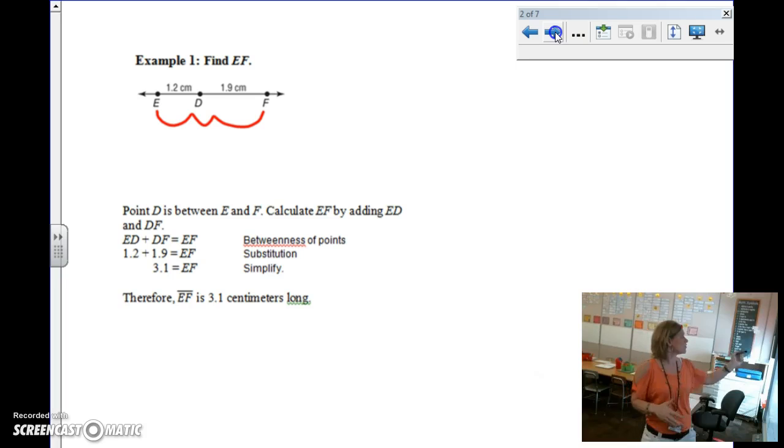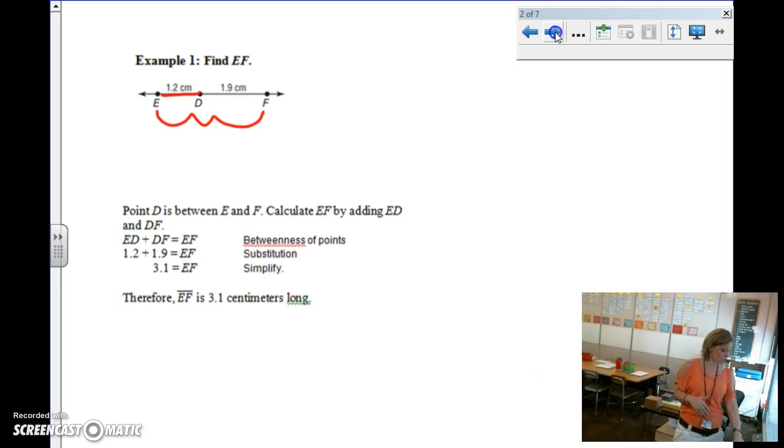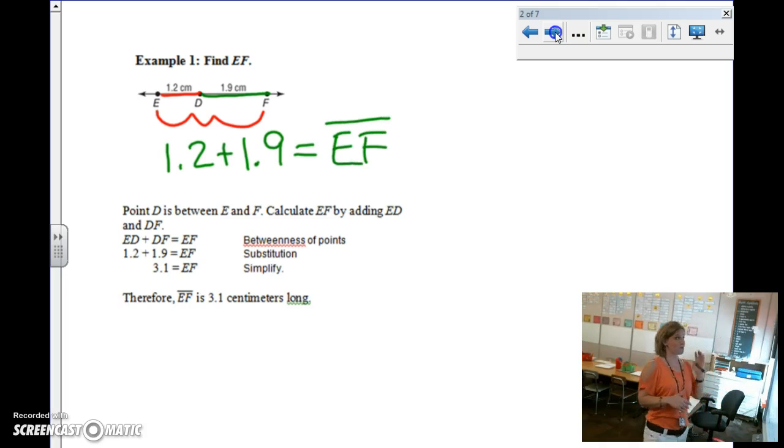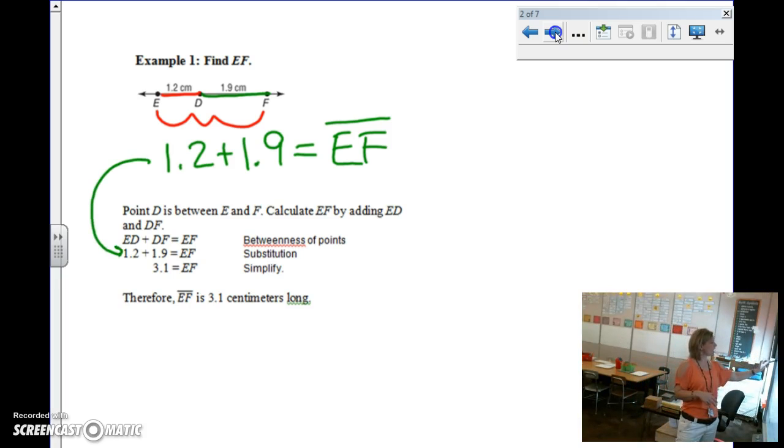We're given the first segment of 1.2. We're given the second segment. So obviously, we know that we would take 1.2, add that to 1.9, and that'll give us our distance of segment EF. That's pretty simple. If you look down here, here's that exact work.